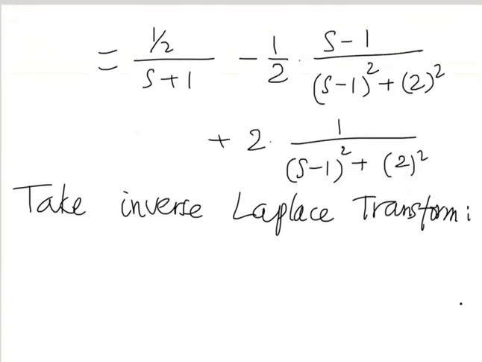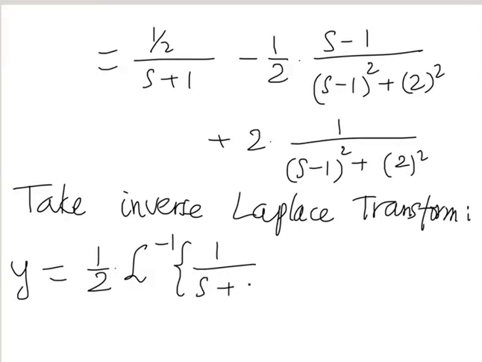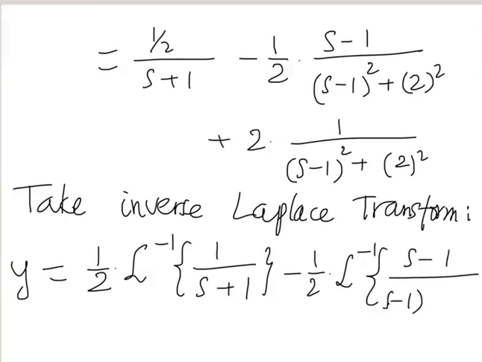You may pause the video and try yourself. We have a half inverse Laplace transform of 1 over s plus 1 minus a half inverse Laplace transform of s minus 1 divided by the denominator.